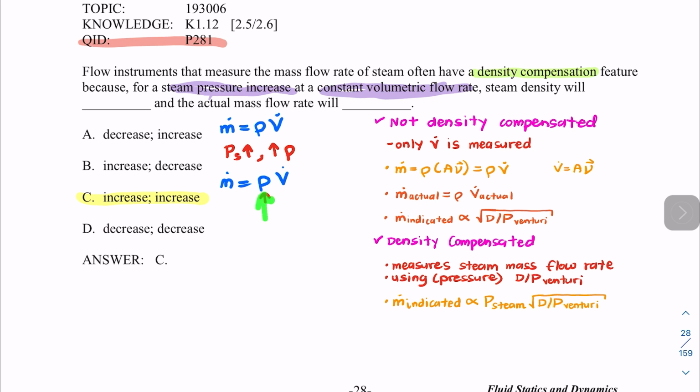That means that I'm increasing the density. This remains constant. So what's happening to the mass flow rate? I'm waiting for the answer. So the mass flow rate here is going to increase, right? And then it's telling me, if the steam pressure increases, well, I already answered this part, steam density will increase as well. Just know that difference for pressure for steam.